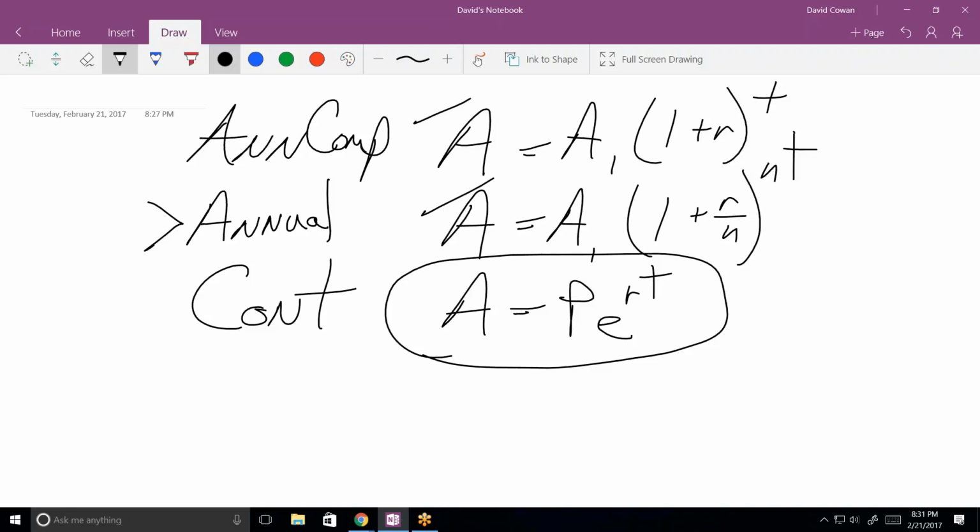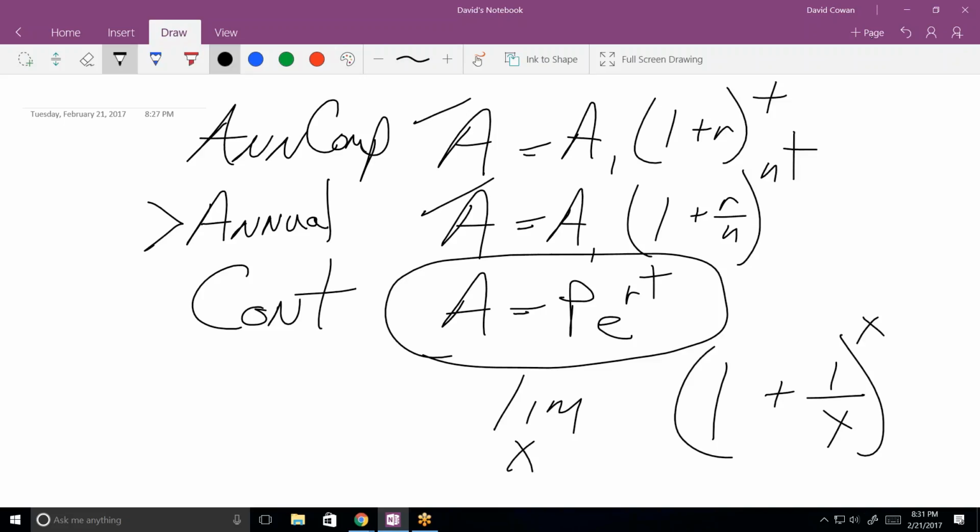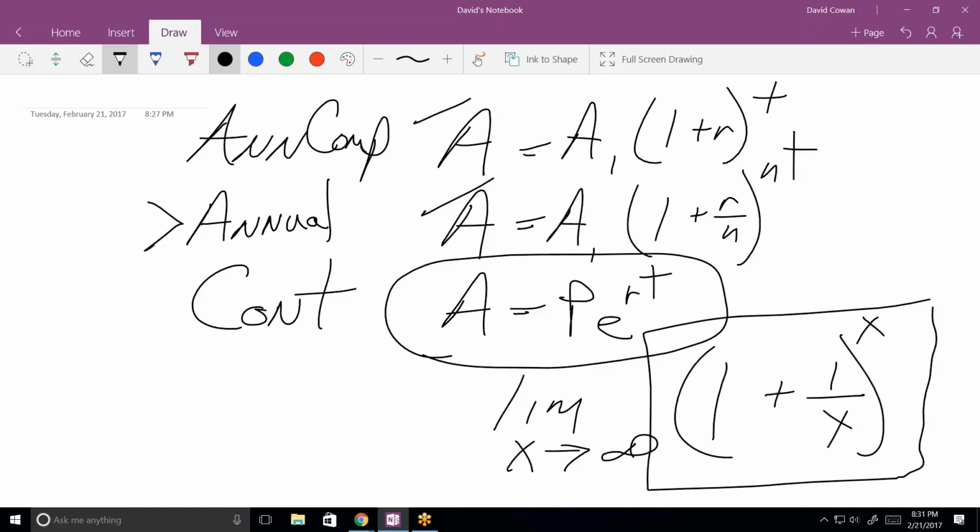Well, E is defined as the limit of this as x goes to infinity. In other words, what happens to that thing as x gets bigger and bigger and bigger? Well, it goes to 2.718 and change. That's the definition of E. And notice how similar this process is to that.